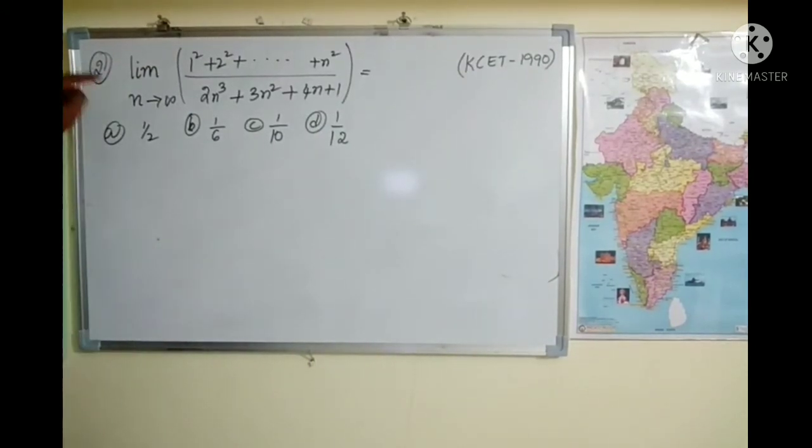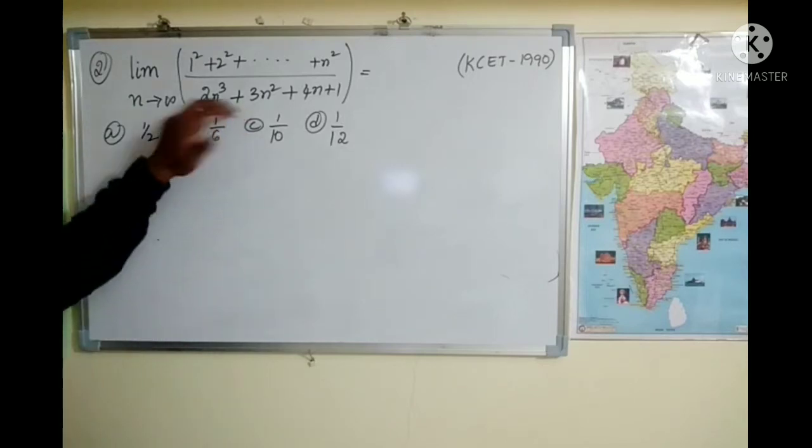To solve this problem, limit n approaches infinity of 1 square plus 2 square plus so on plus n square divided by, here we have a cubic expression.